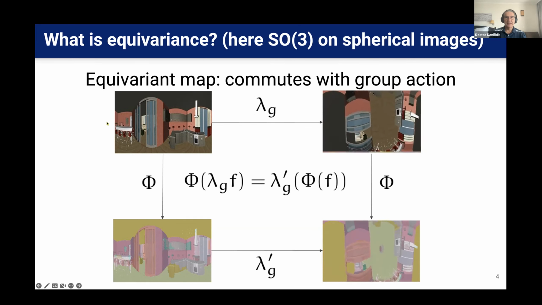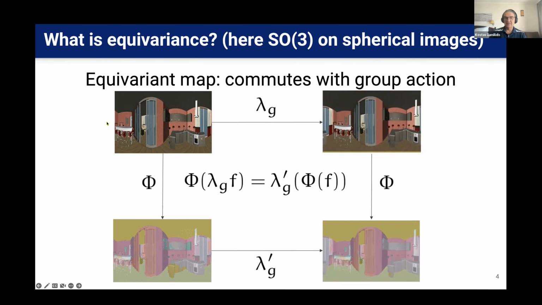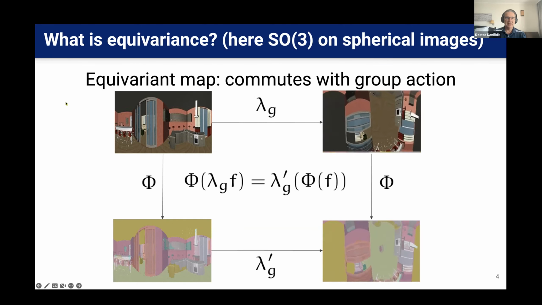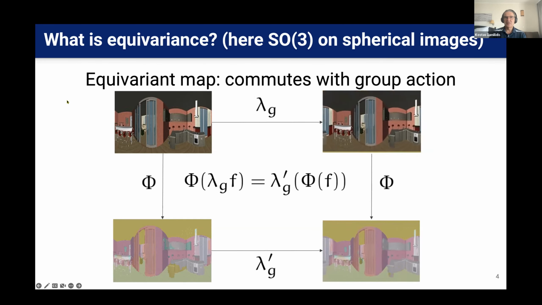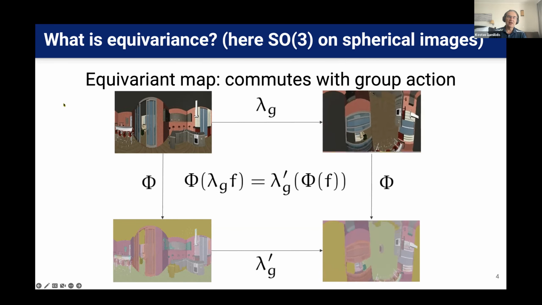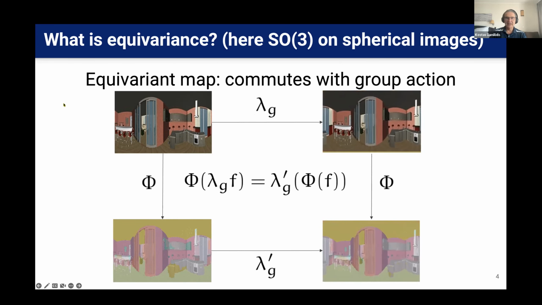Now, equivariance could be achieved even with data augmentation by enforcing these commutation relations on the features through a loss function at the feature level.